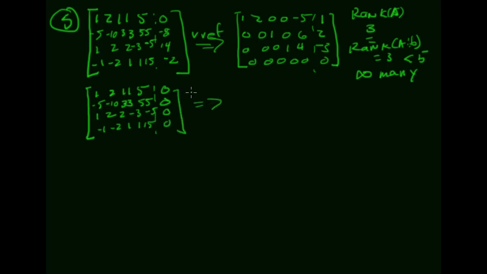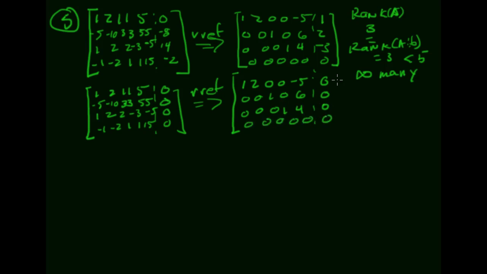All right, so the solution is very similar to the non-homogeneous solution. It's just that because the columns are independent, that last column comes up as a column of zeros.